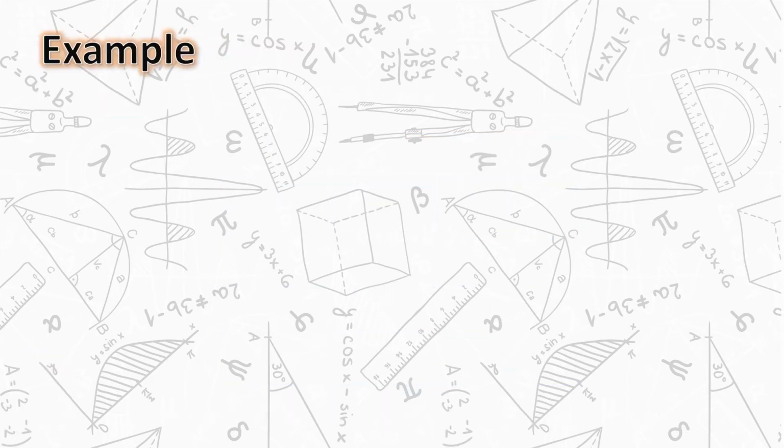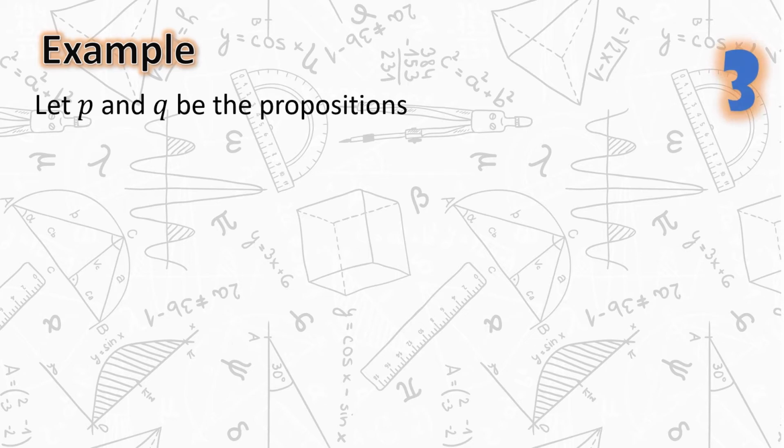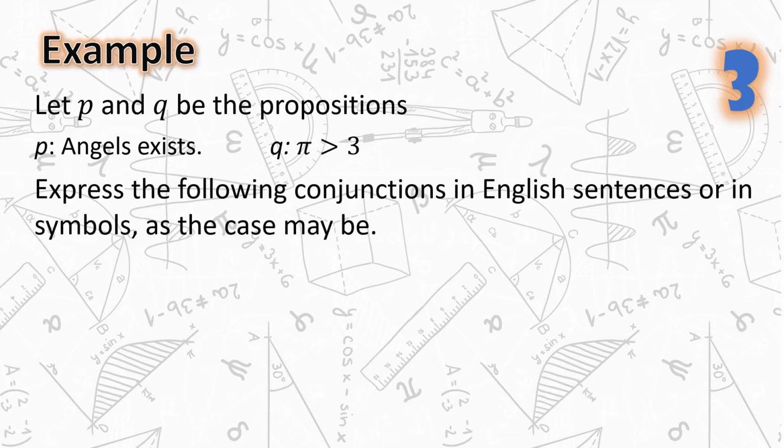Let us have an example. Number 3. Let P and Q be the propositions. P is the proposition angels exist. Q is the proposition pi is greater than 3. Express the following conjunctions in English sentences or in symbols as the case may be.